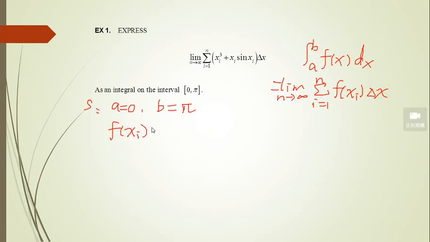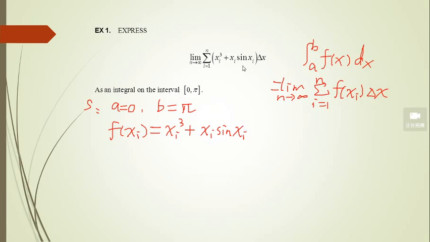Then what is f(xi) here, comparing with the general formula? Think about it for a while. f(xi) is the expression in the parentheses, so it should be xi cubed plus xi times sine xi, right?